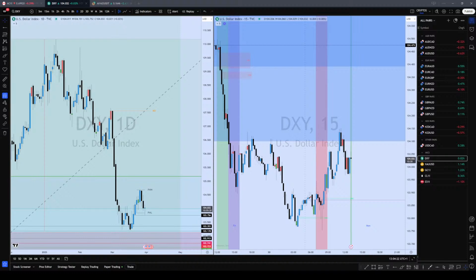I don't know why they've changed it to non-farm employment change, but yeah, that is coming on Friday. Hence, this week is going to be a little bit dramatic, so just be careful. All right, with that out of the way, let's look at the dollar index from a high time frame perspective.